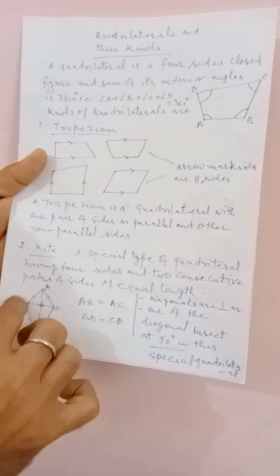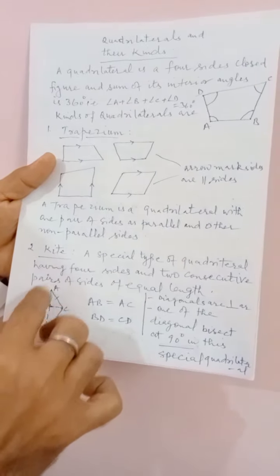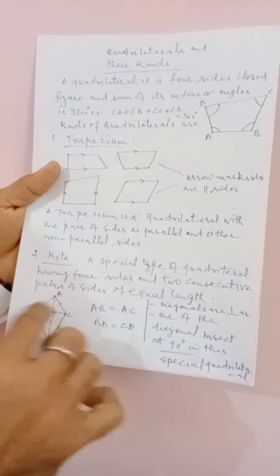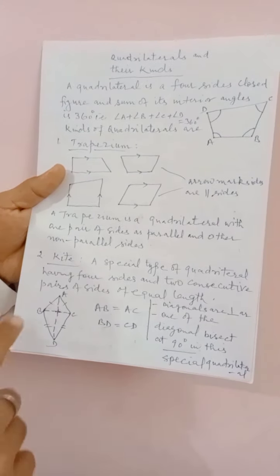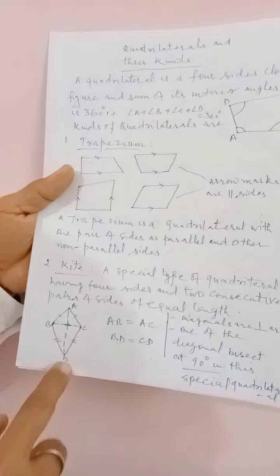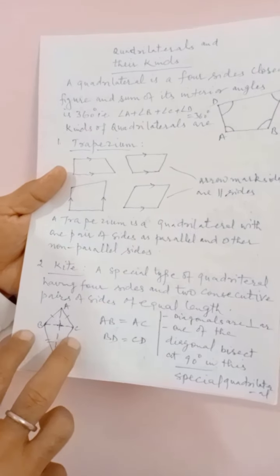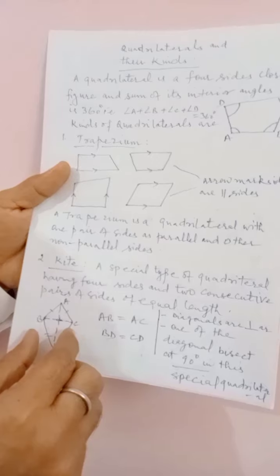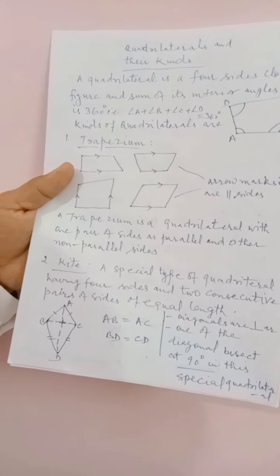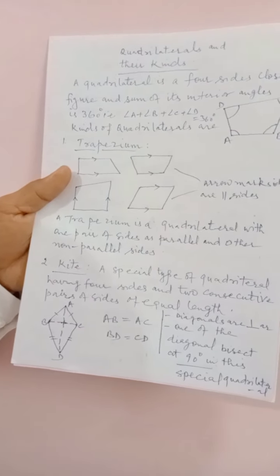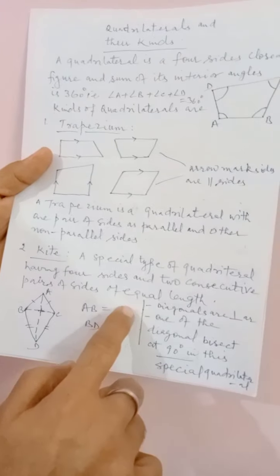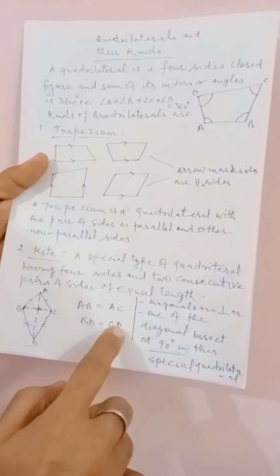Now see AB and AC. These pairs of sides are equal. Likewise BD and CD. These are two consecutive sides of equal length. This is a special quadrilateral in which AB is equal to AC and BD is equal to CD.